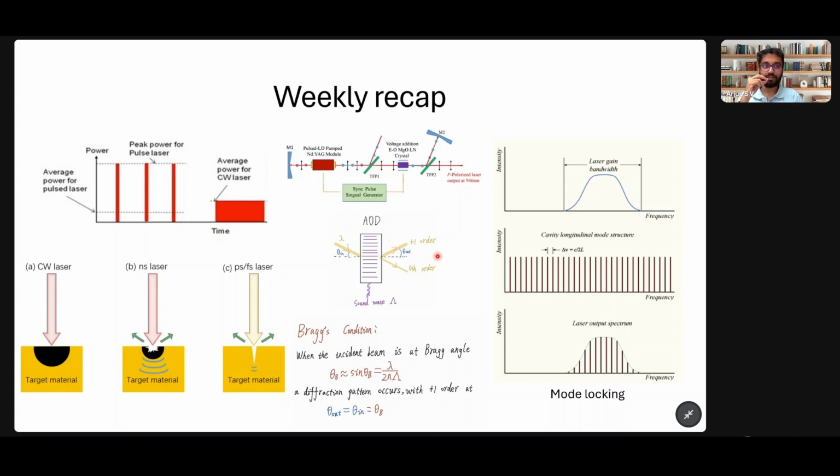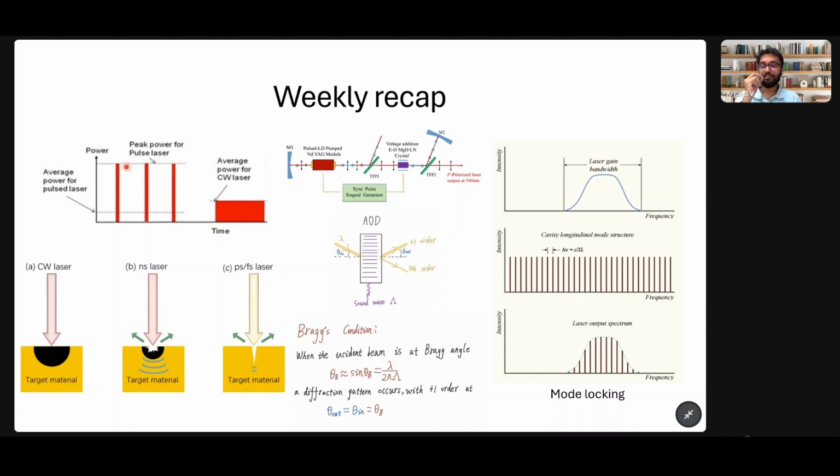So week 7's course content is a continuation of your week 6's course, where we are starting to talk about pulse wave lasers. Initially, we started by discussing how a pulse wave laser is different to a continuous wave laser, where we can see that although the average power for the pulse laser is comparable to that of your continuous laser, the peak power of the pulse laser is many times higher than that of the continuous laser.